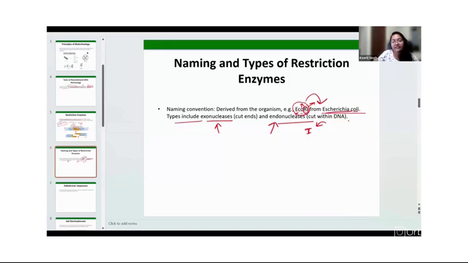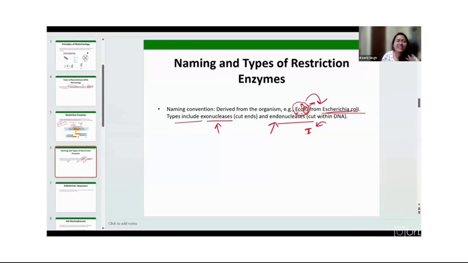And the I denotes the order in which it was extracted. If it was extracted first, it is written as I. If something is extracted later on, it will be written as II, right? So these act as molecular scissors, right?